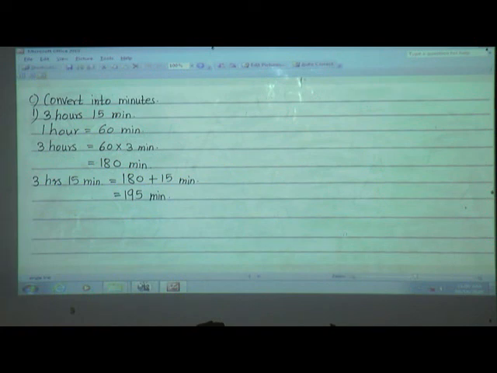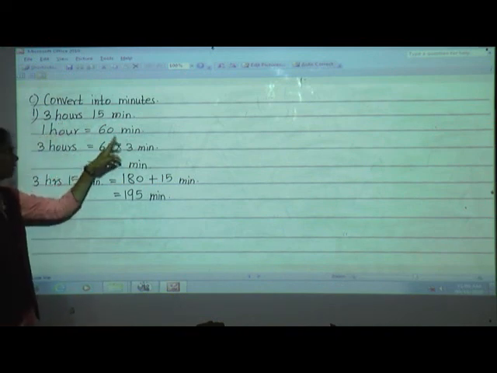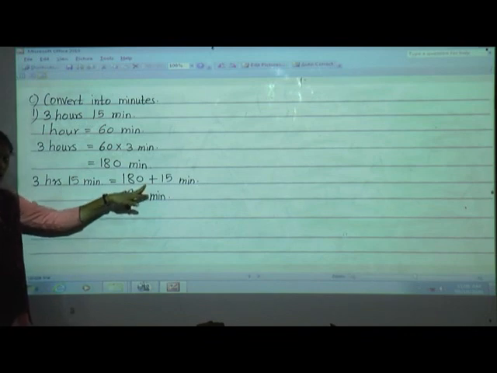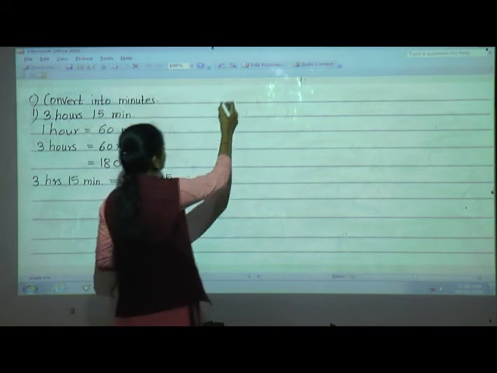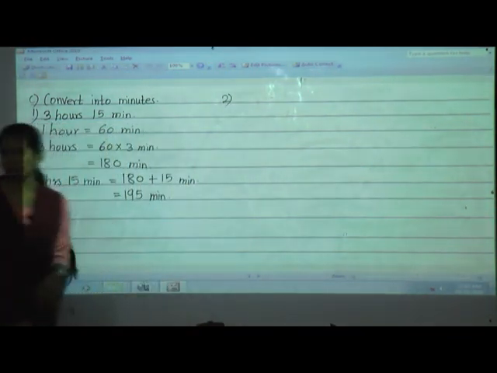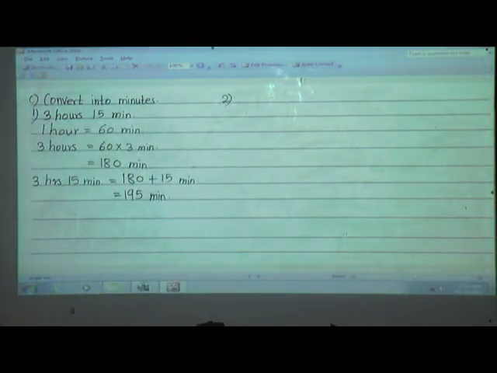Understood how to solve? Yes. See here, first what you have to do, you have to convert these hours into minutes, then you have to do the addition. Okay. Second example. What is the example? Yes, 7 hours 50 minutes.